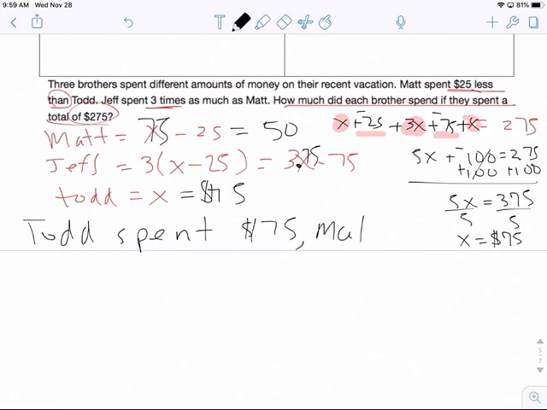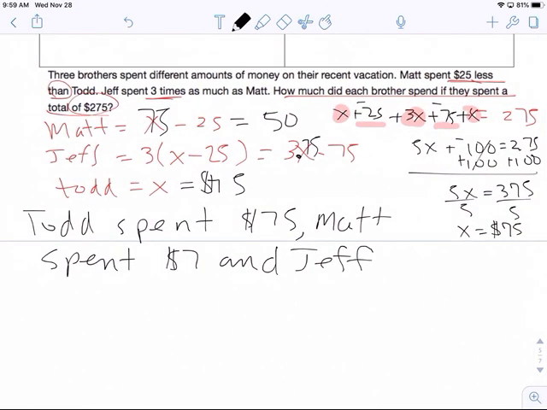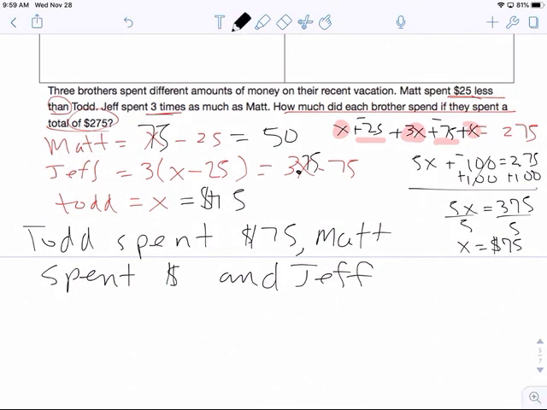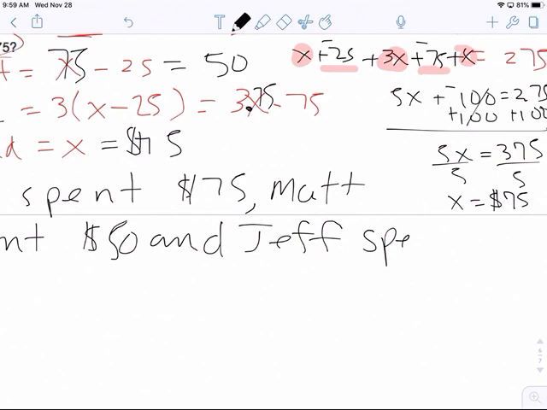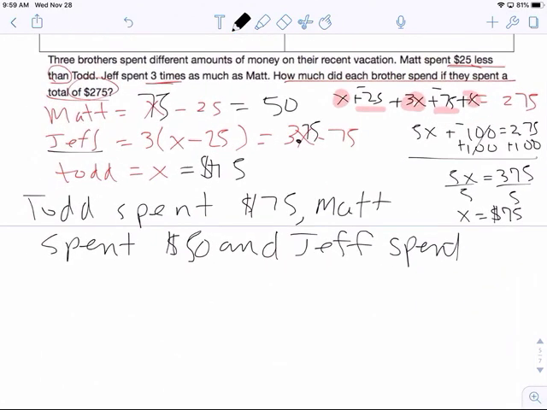Matt spent $50. And Jeff spent 3 times as much as Matt, so Jeff spent $150. That's how we do those. Okay?